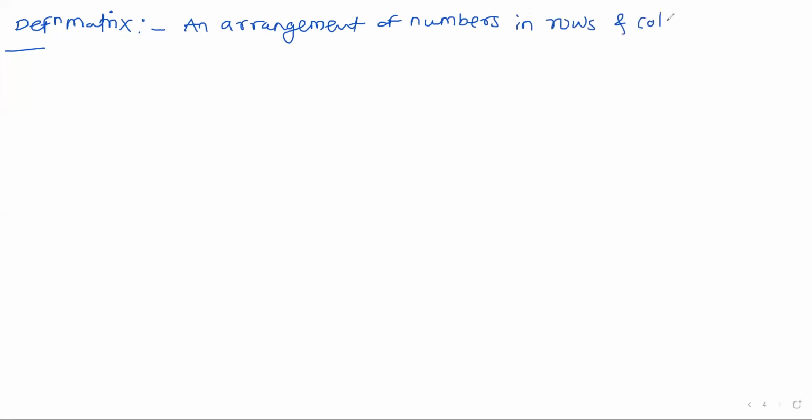What do you mean by matrix? Definition: an arrangement of numbers in rows and columns is called matrix, right?